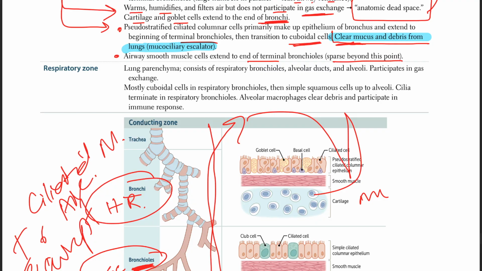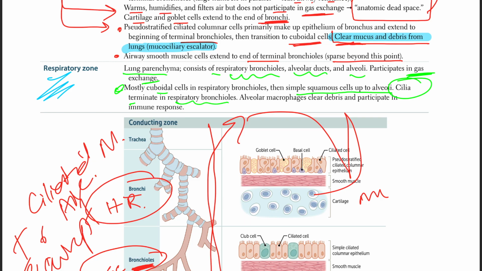And let's look at the other zone, which is called the respiratory zone. Lung parenchyma consists of respiratory bronchioles, alveolar ducts, and alveoli. Important thing is they participate in gas exchange. Most are cuboidal cells in the respiratory bronchioles, and simple squamous cells up to the alveoli. Cilia would terminate in the respiratory bronchioles.